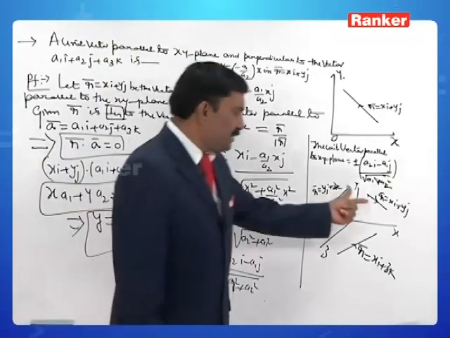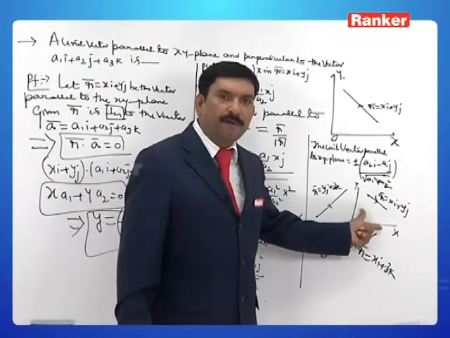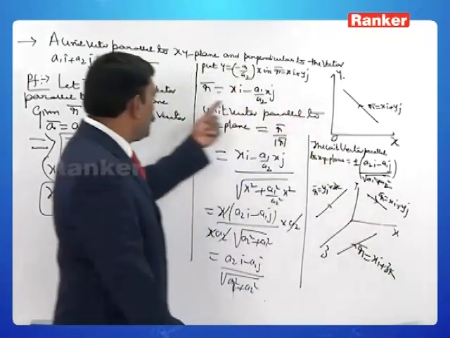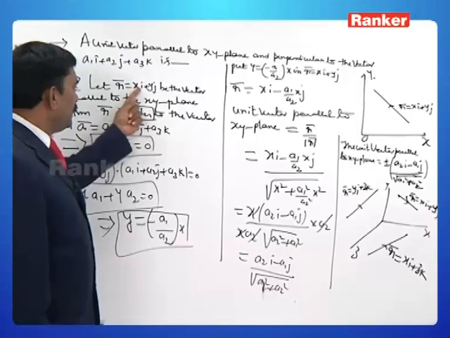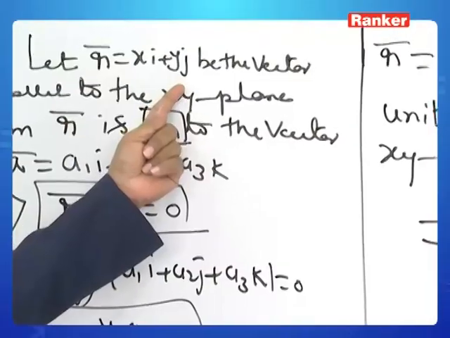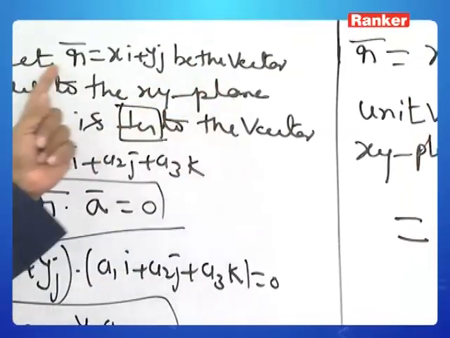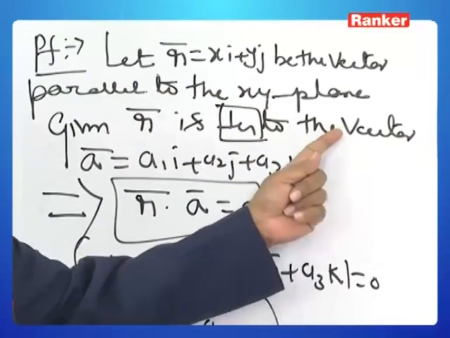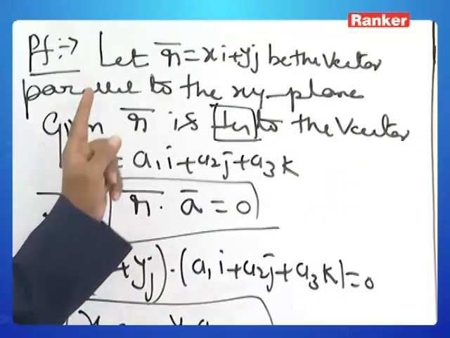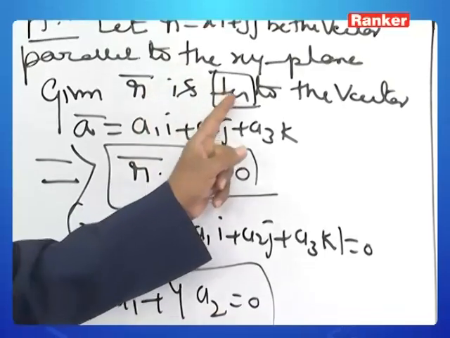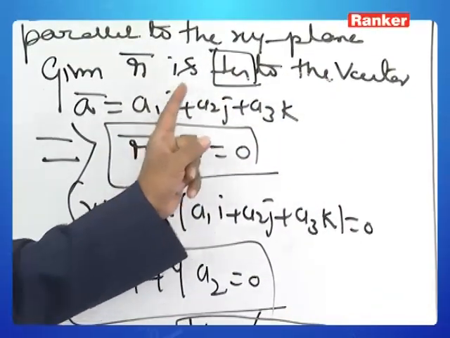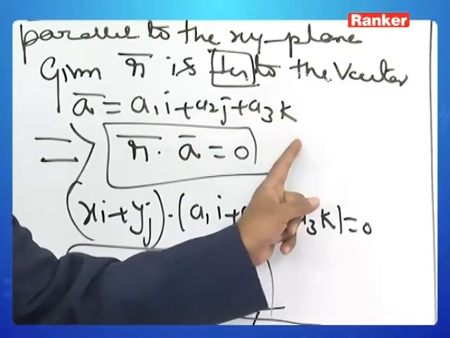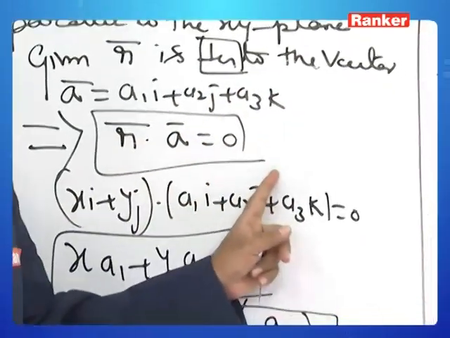Yes, in the same fashion, what I proved here, you can also prove for r bar is equal to yj plus zk, the vector parallel to yz plane. Given r bar is perpendicular to the vector a bar, a1i plus a2j plus a3k, r bar dot a bar is equal to 0.